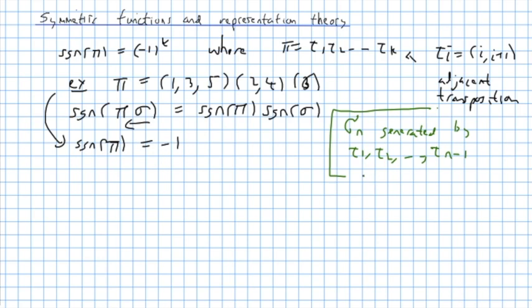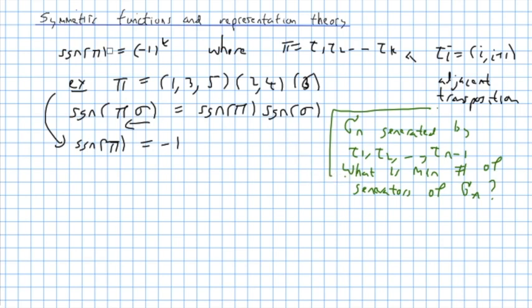So what's the minimum number of generators you need? What's the minimum number of generators of the symmetric group? Okay, so maybe think about that, and it might tell you the answer next time.